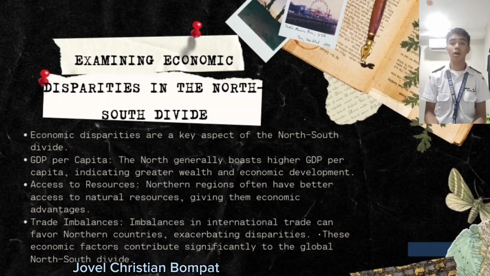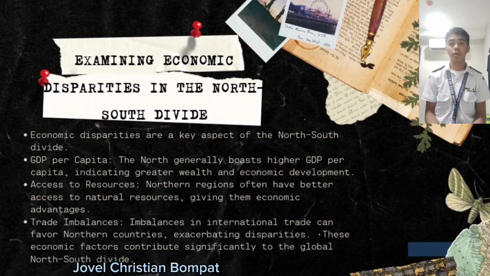Economic disparities are a key aspect of the North-South divide. GDP per capita: the North generally boasts higher GDP per capita, indicating greater wealth and economic development. Access to resources: Northern regions often have better access to natural resources, giving them an economic advantage.